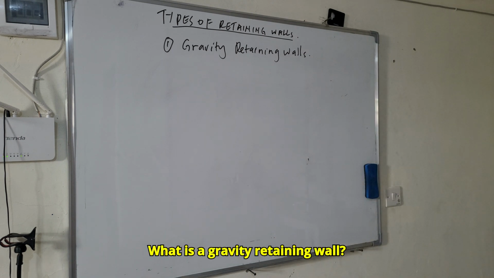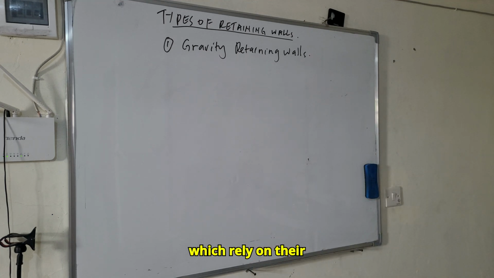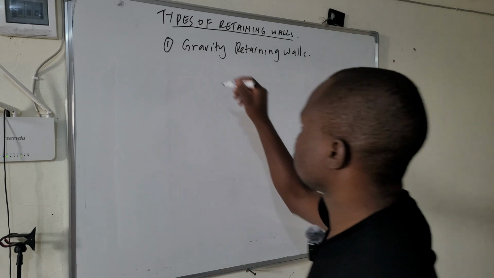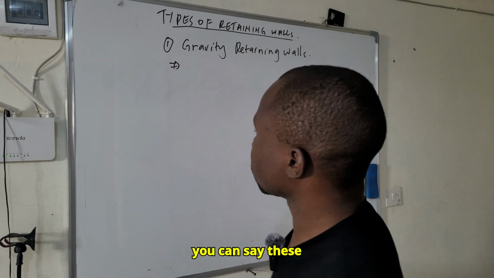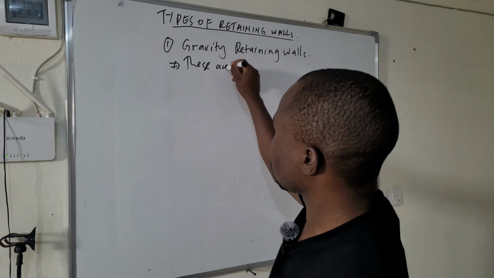What is a gravity retaining wall? These are retaining walls which rely on their mass and weight for stability.